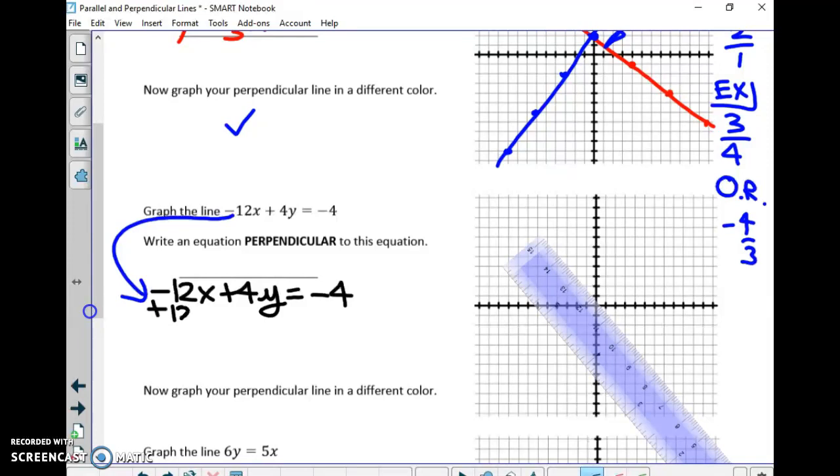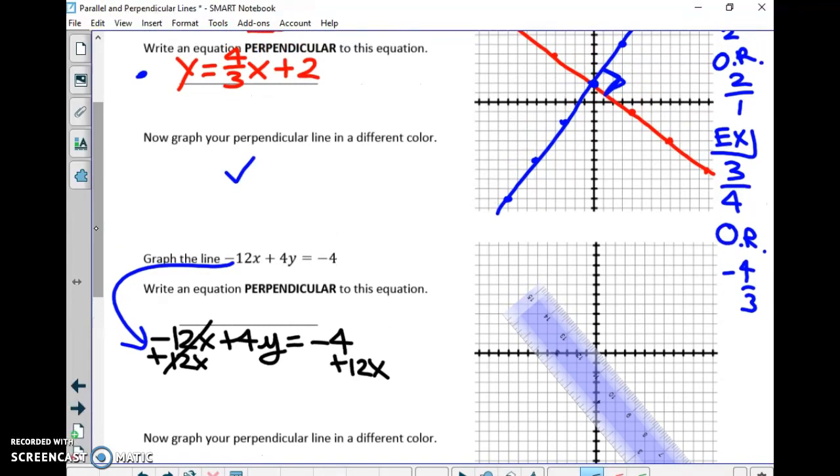Adding 12x to both sides. Remember, since I'm solving a two-variable equation, you can't forget to use that little arrow so we can move it over. So I'm going to move the 12x in front of the negative 4. So I'm going to bring down 4y equals 12x minus 4.